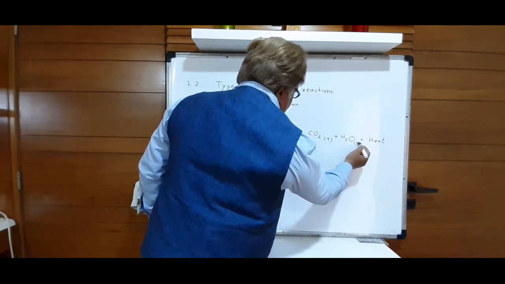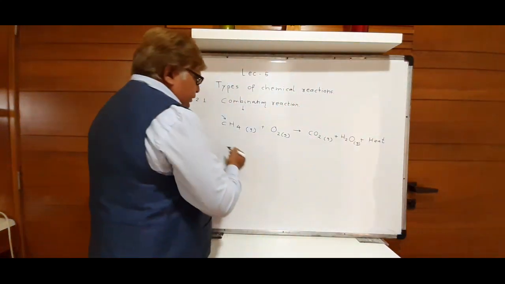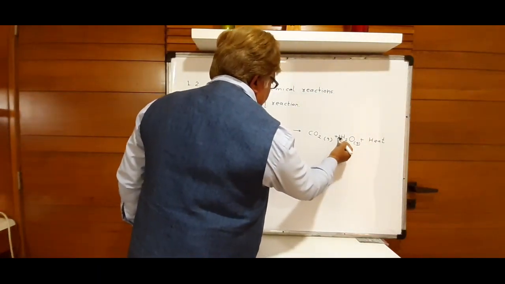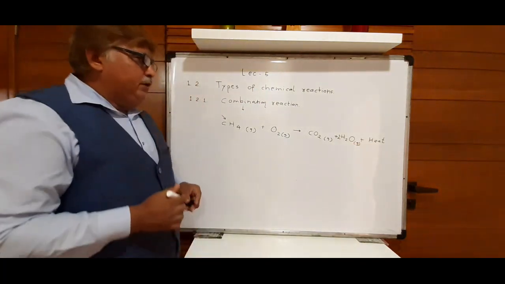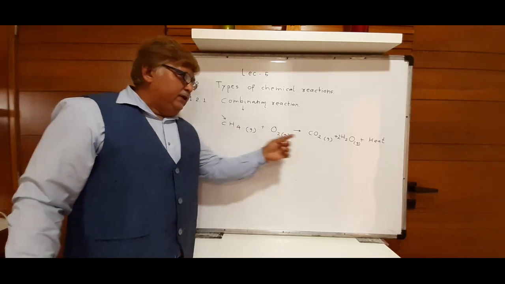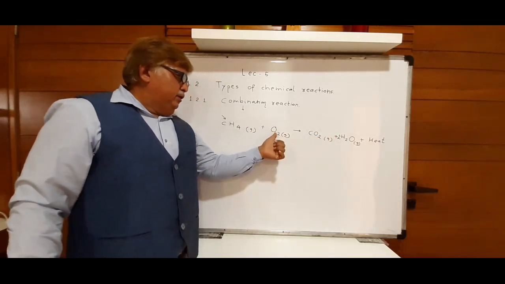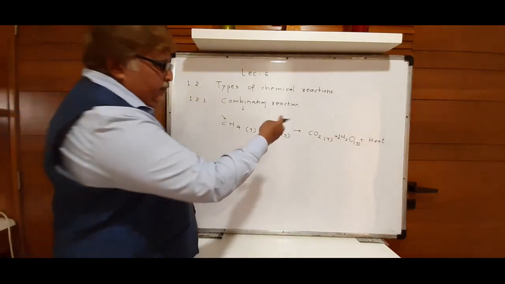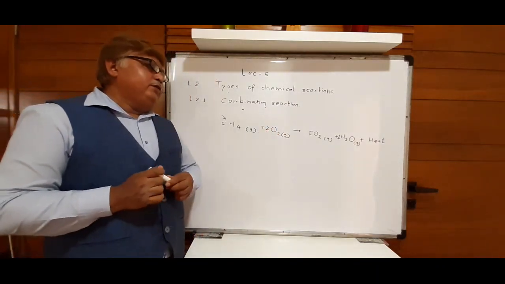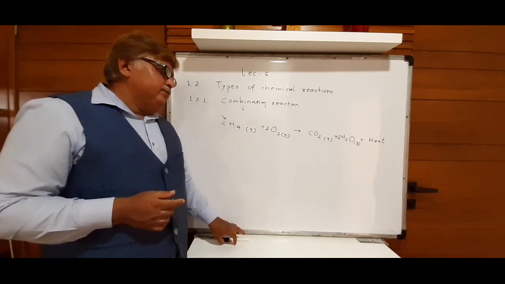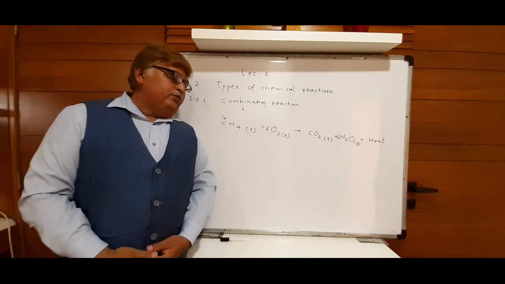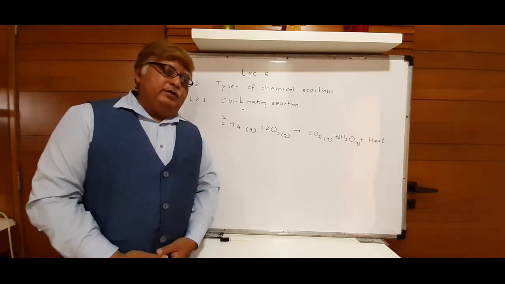Let us try to balance this chemical equation. 4 hydrogen, let me put 2 here. The equation is balanced now. You can verify it: 1 carbon, 4 hydrogen, and 4 oxygen, so let us write 2 here. It is a balanced chemical equation. Can you write in the exam that this is also an exothermic reaction?